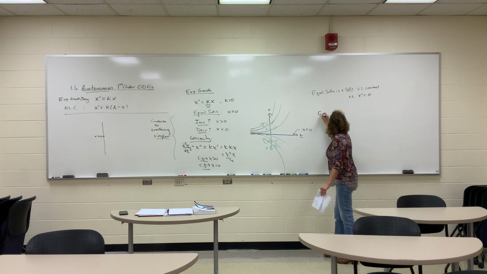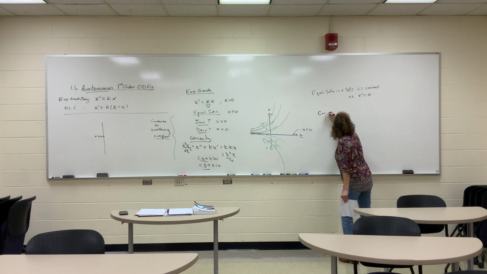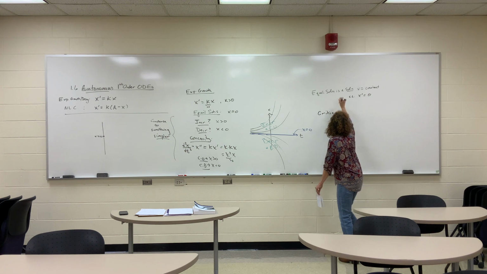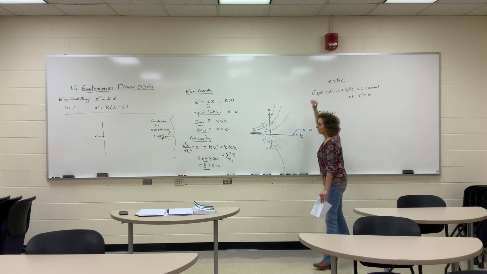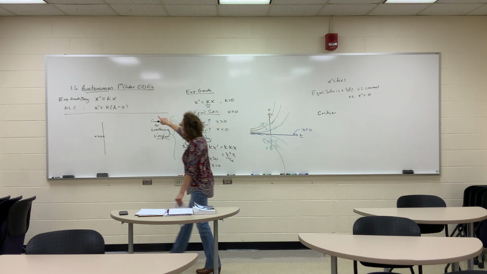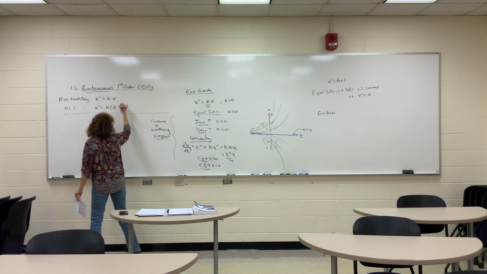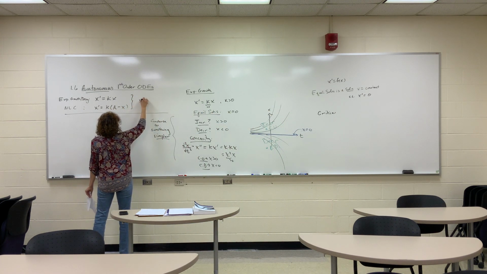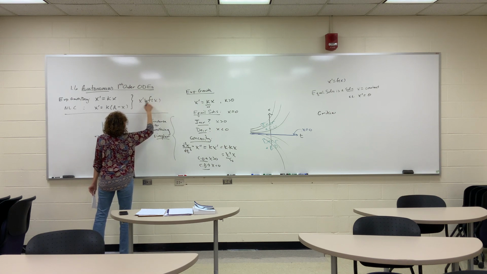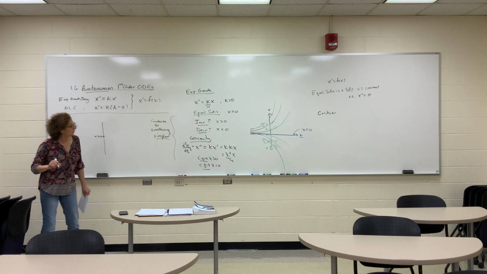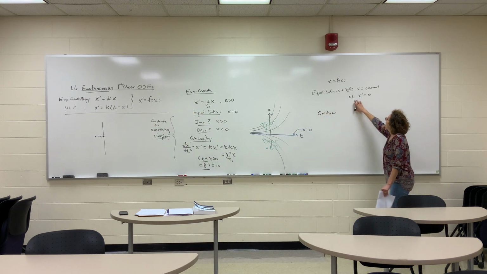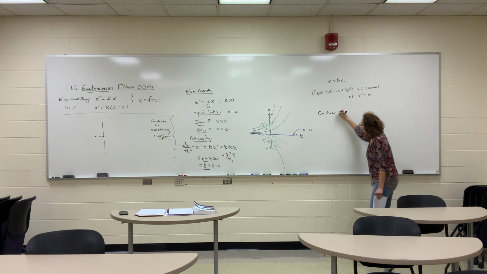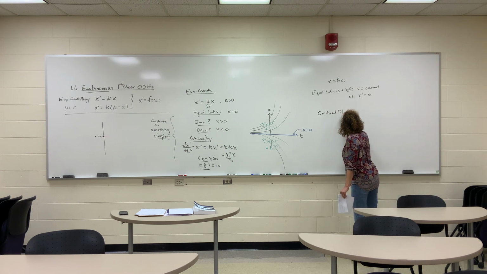Now, a critical point, so let's think about this. X prime equals some function of x, right? That's where we are. They're autonomous equations, right? These are examples, but in general, it's the derivative of the dependent variable equals some function of the dependent variable, right? So what is a critical point?